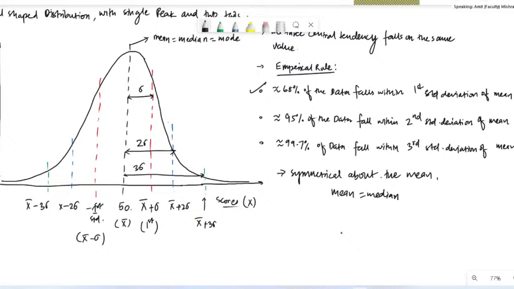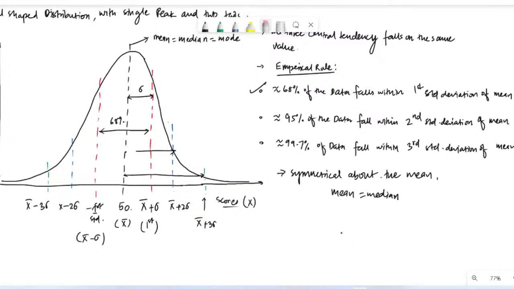The description is also written here that the first standard deviation range will have 68% of the overall distribution of the data. What is the meaning of this?